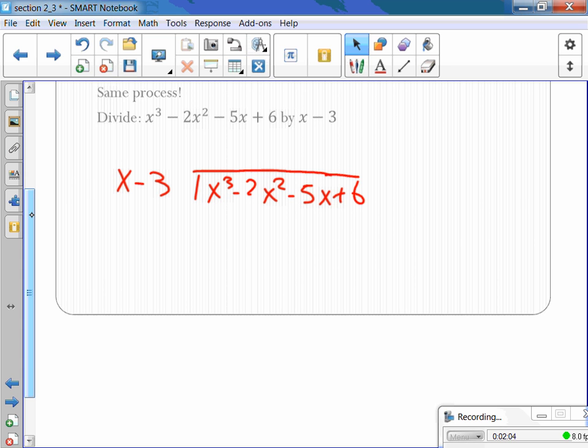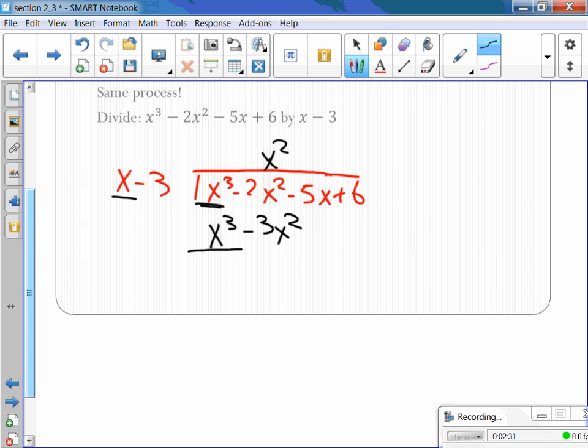So we ask ourselves, what does x need to be multiplied by to come up with x cubed? X squared. So I'm going to place that over the same position. So x squared times my divisor, x squared times x minus 3. What did we do before?